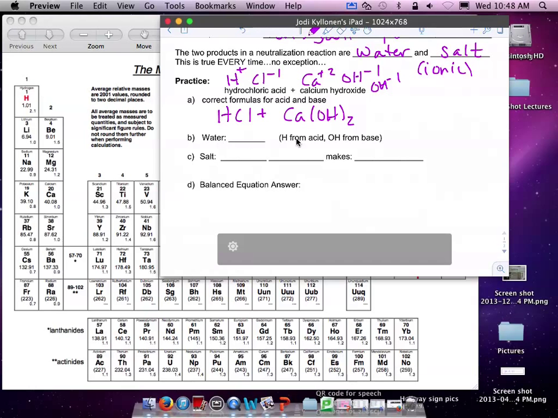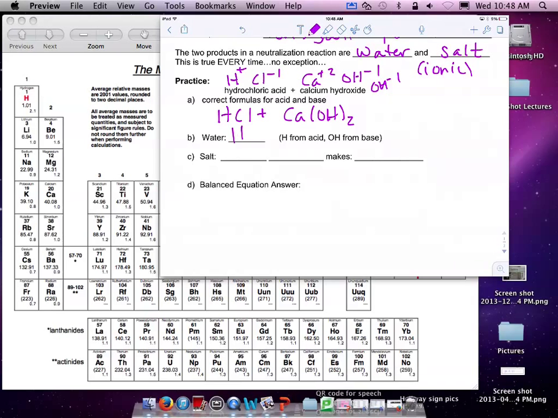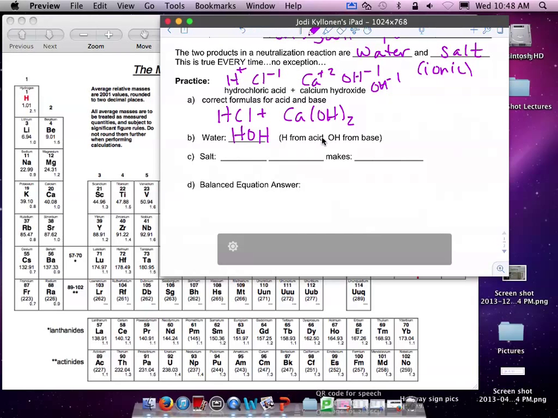Now, the definition of neutralization reactions says that the ions switch partners. So H is going to take the place of Ca, which means it bonds with OH. Ca takes the place of H, which means it bonds with Cl. That H from the acid and the OH from the base form water, and we write that as HOH. The H plus broke off from the acid, the OH broke off from the base, and HOH makes water.